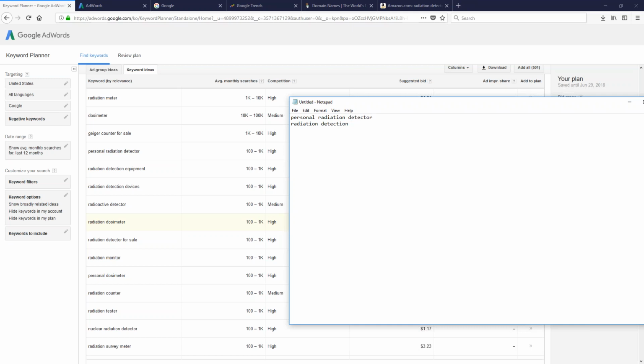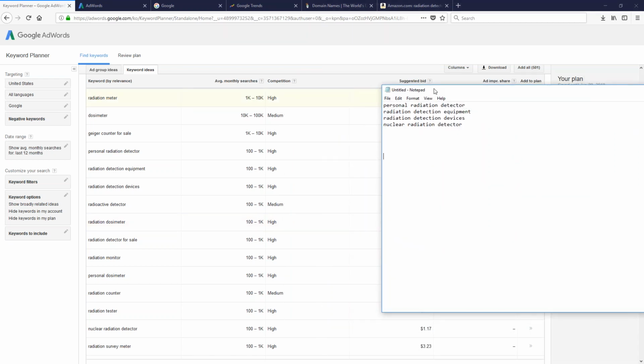So I will simply make a list. So these will be my primary keyword phrases, or at least possible primary keyword phrases.